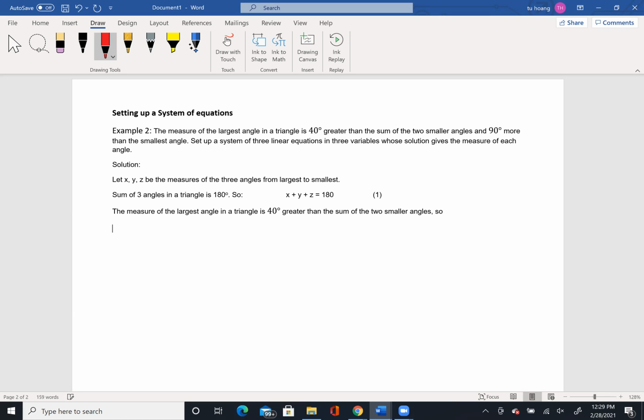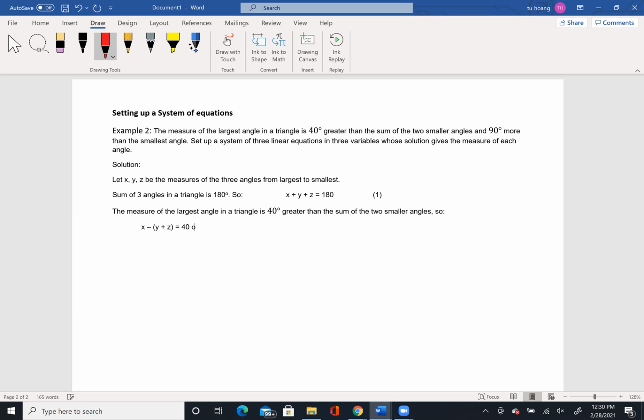So I have x minus the sum of the other two angles, right? Going to be equal to 40.